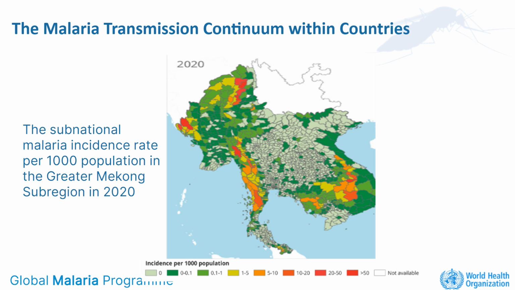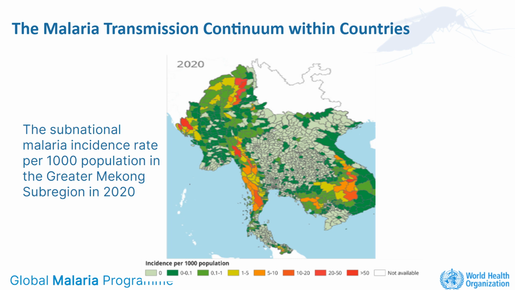This variability of transmission intensity, along with other factors affecting malaria transmission, can be exploited through stratification, to be discussed in Unit 10, so the interventions can be tailored to the appropriate transmission level, epidemiology, and ecology of malaria.